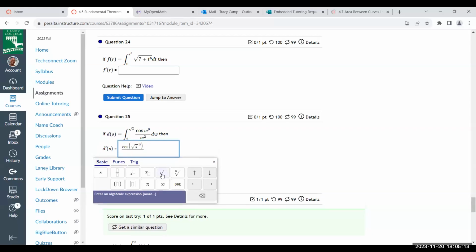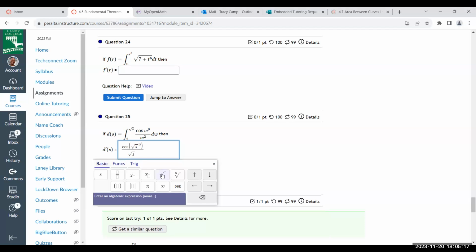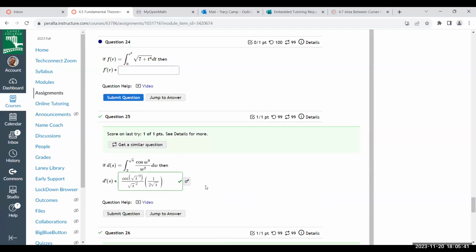And then the square root of s squared, times, oops, times 1 over 2 root s. Close parentheses. So that's the non-simplified version.